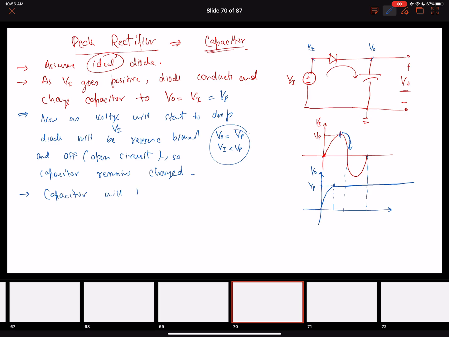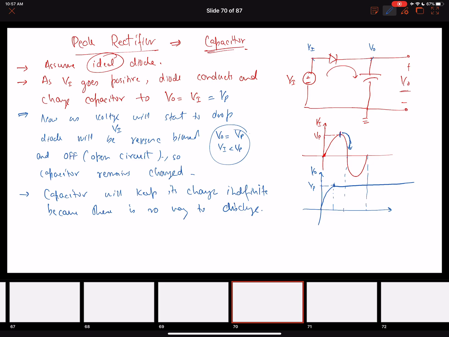The capacitor will keep its charge indefinitely because there is no way to discharge. Over here we can see that there is nothing connected after the capacitor. So in this ideal circuit, once the capacitor is charged, there is no way that it can discharge.